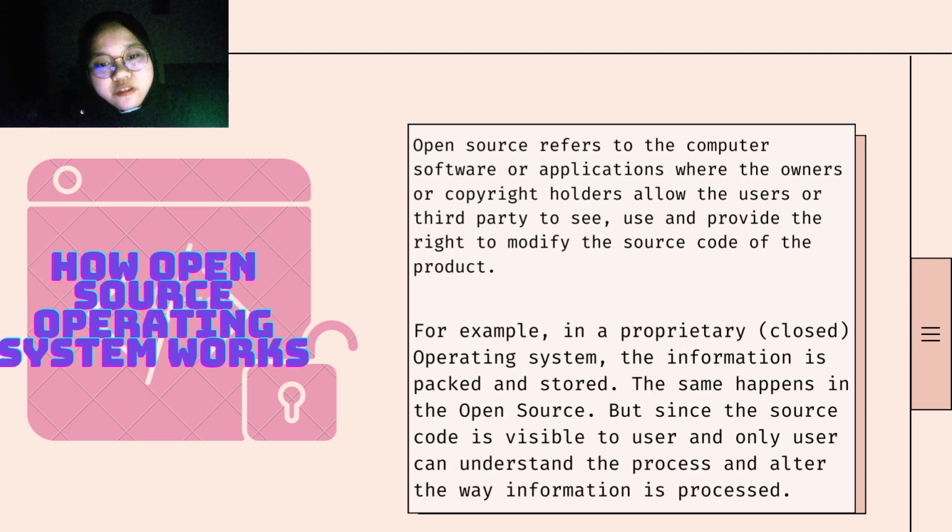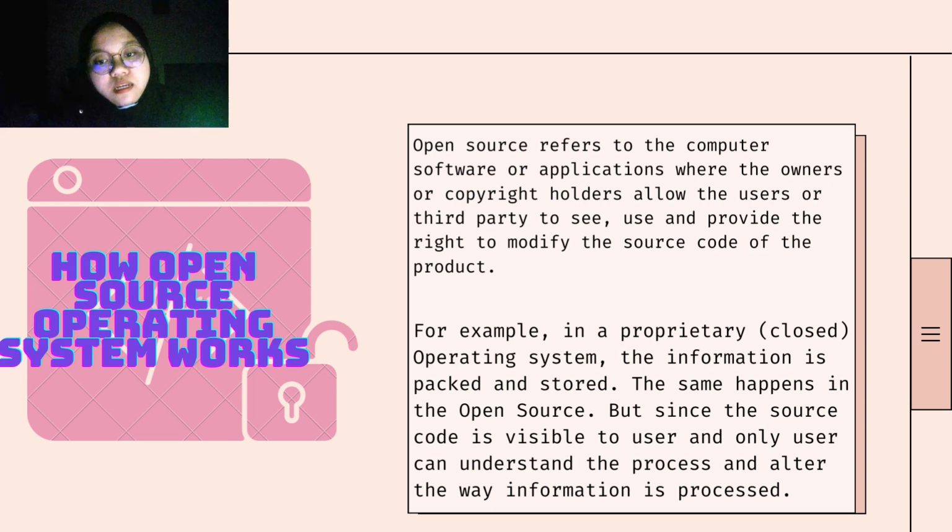So how does an open source operating system work? Open source refers to computer software or applications where the owners or copyright holders allow the user or a third party to see, use, and modify the source code of the product.